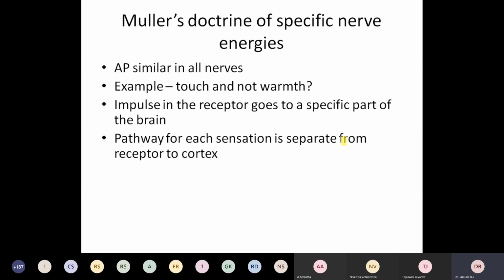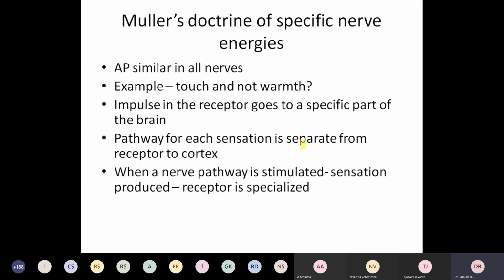So the sensory pathway for each sensation is separate from the receptor to the cortical level. If the mechanoreceptors, the touch receptors, get stimulated, the fibers carrying that touch sensation will carry only touch sensation, nothing else, from the receptor till the cortical level. Whatever the pathway is, it is destined for one particular type of sensation. So that is called Muller's doctrine of specific nerve energy.